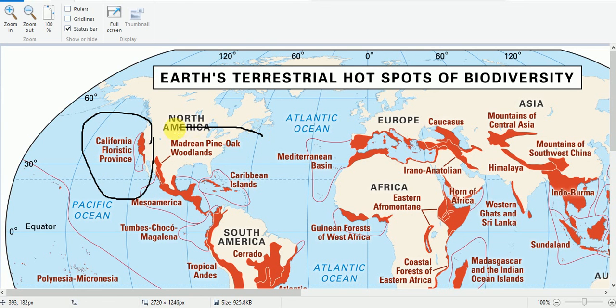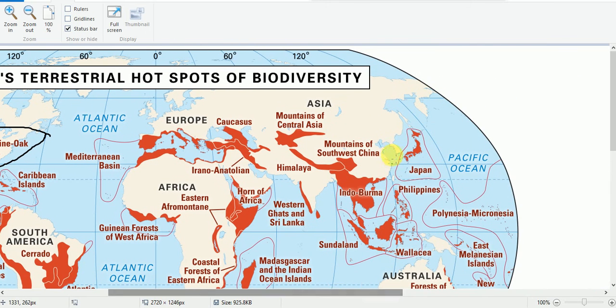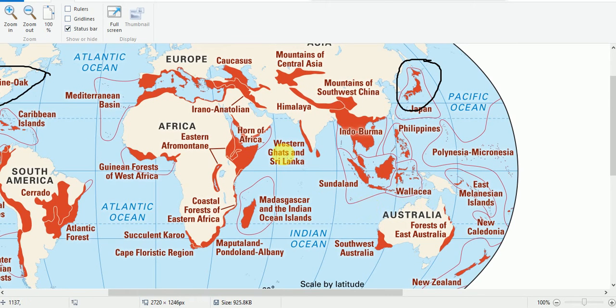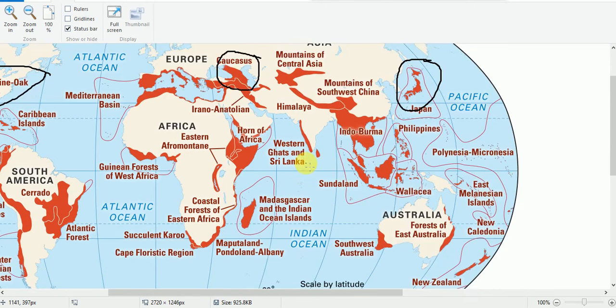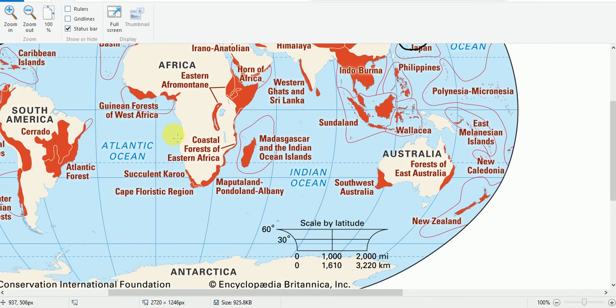Then Madrian pine oak woodlands. We have Japan. Japan is also very rich in biodiversity. Then Caucasus mountains and so on.